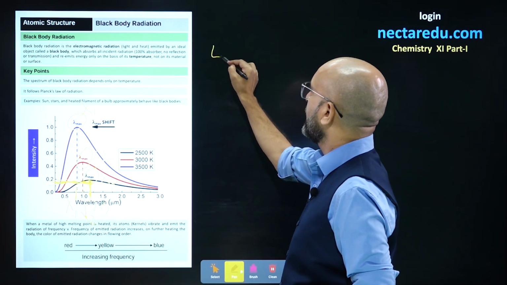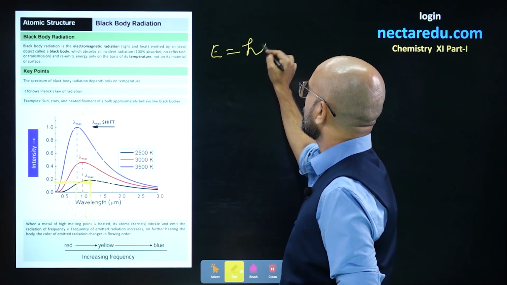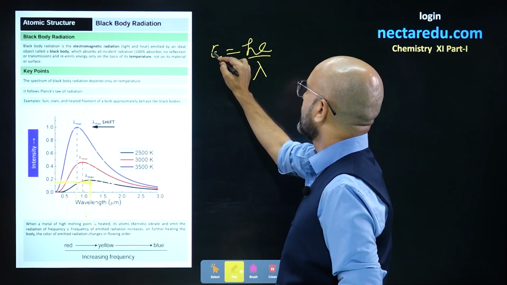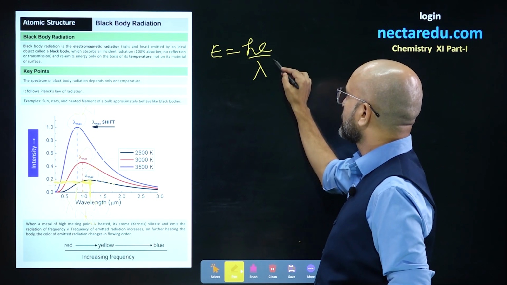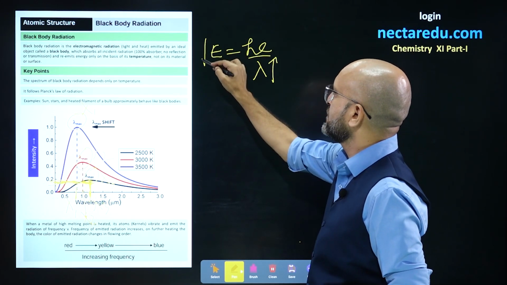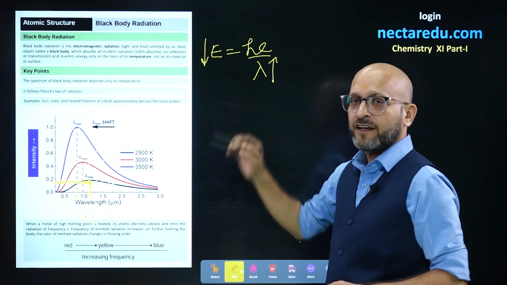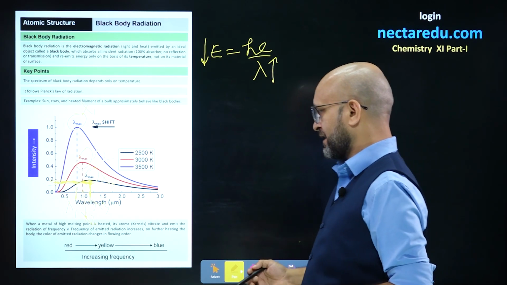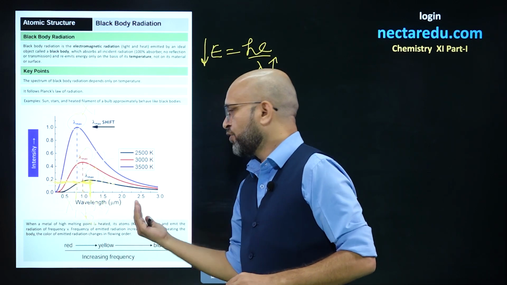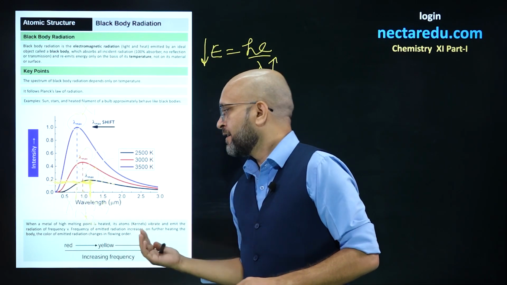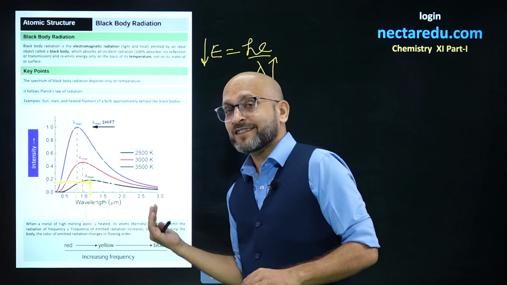You know energy is equal to hc by lambda. That means if lambda is more, then energy is less. There is an inverse relation between energy and wavelength. So as you move away from the origin, lambda is increasing, that is, the wavelength is increasing.